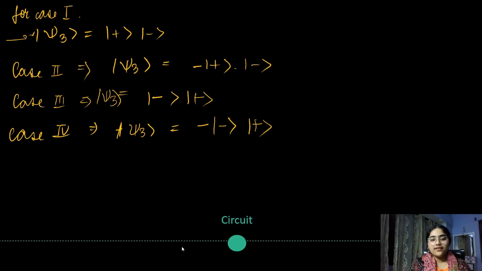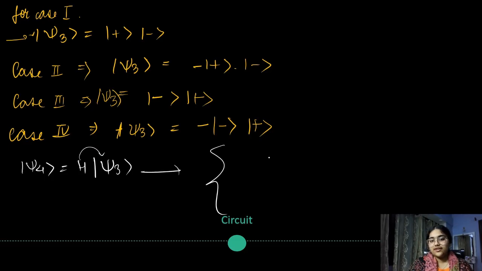Now, if we look at psi 4, we are again using Hadamard, right? So psi 4 equals H into psi 3, the Hadamard gate operating on psi 3. If we consider case 1, it will give us 1 in 1 psi minus and 1 into plus.